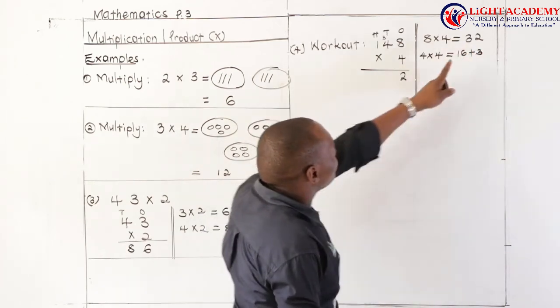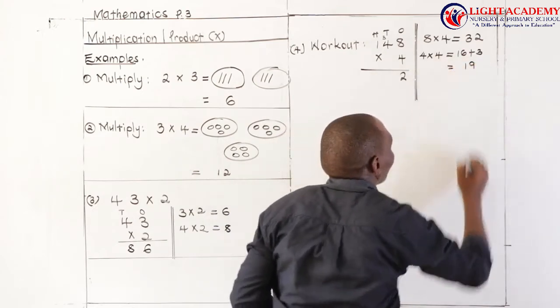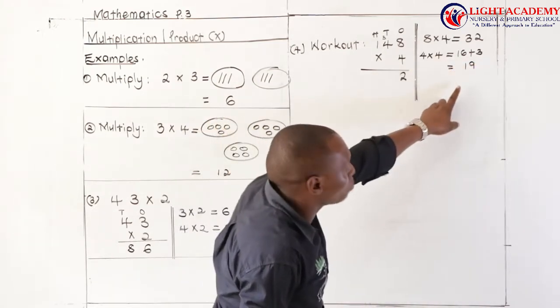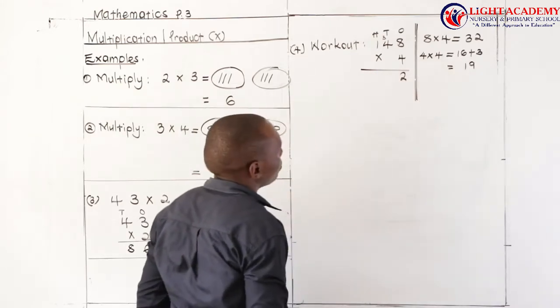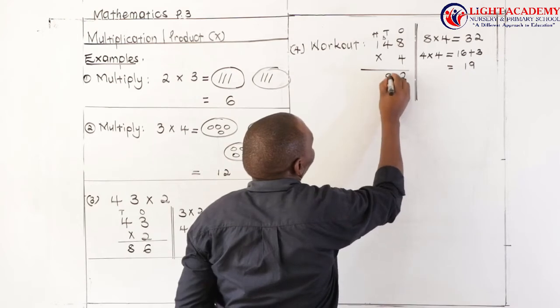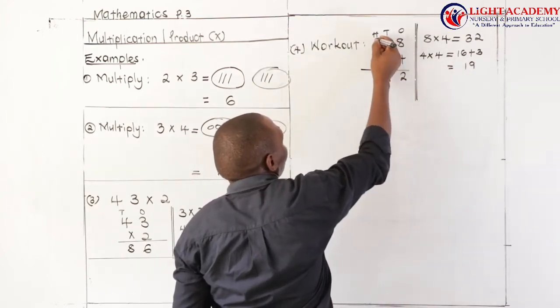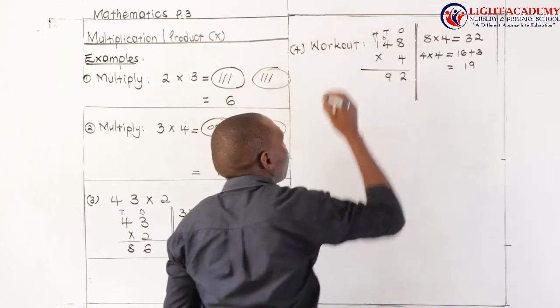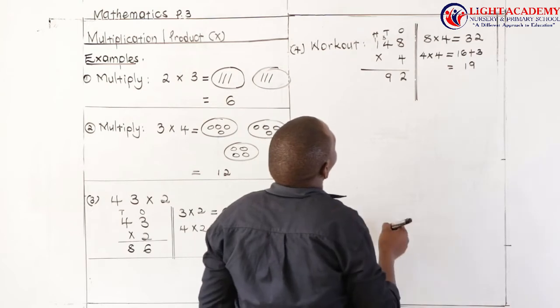Such that when I add 16 to 3, the answer I get is 19. So these are now 2 digits. What do I do? I just write the last digit under the 1's. Then I will write the 9. Then I take 1 to the next place value, just above. Okay?